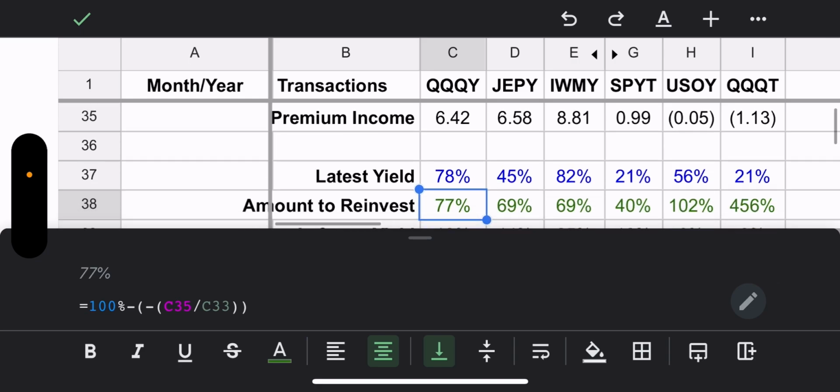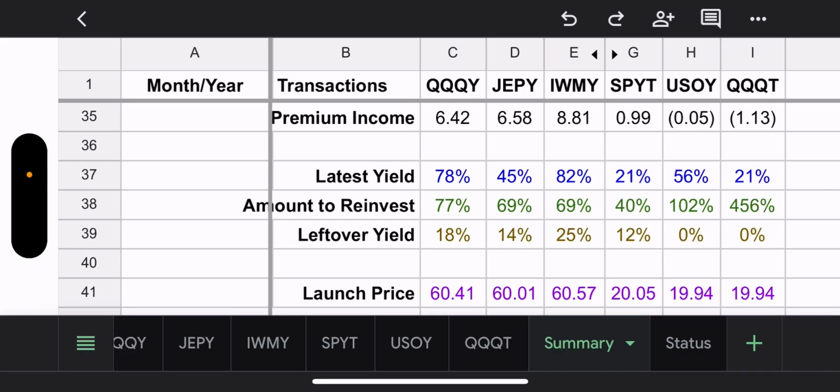And then it's 100% minus that, it takes out the difference. So essentially they made 23% of the distribution, and the difference of that and 100% is 77%. So since they only made 23% of the distribution from inception, I'm showing you would have to reinvest 77% of your distribution in order to keep this somewhat stable.